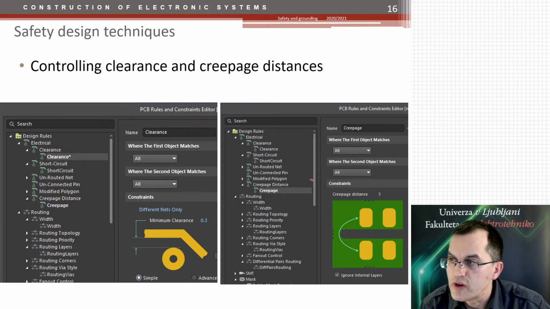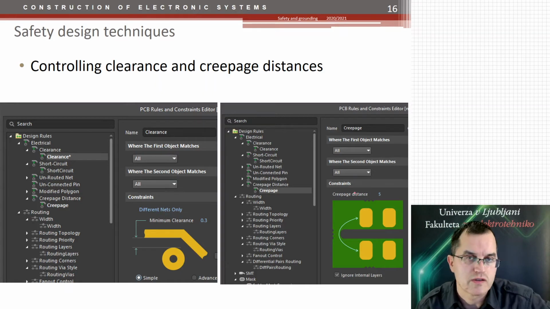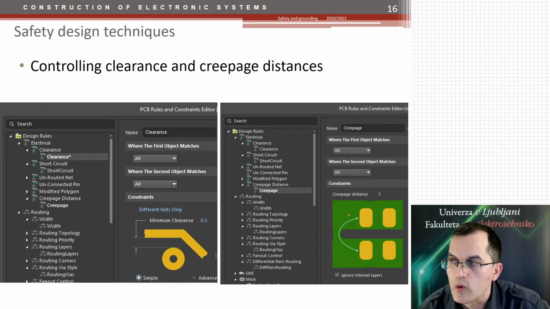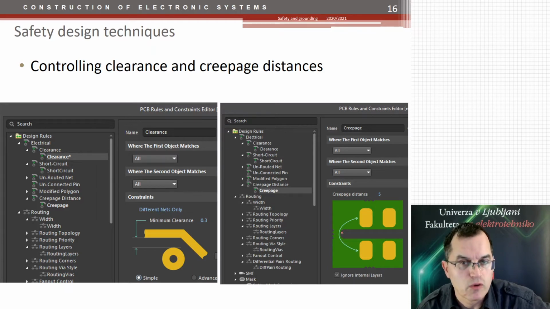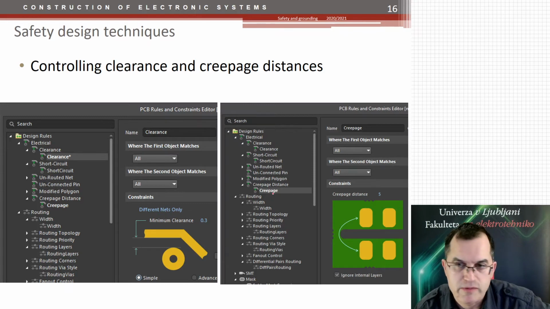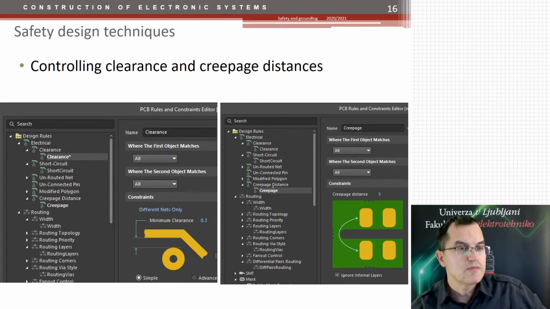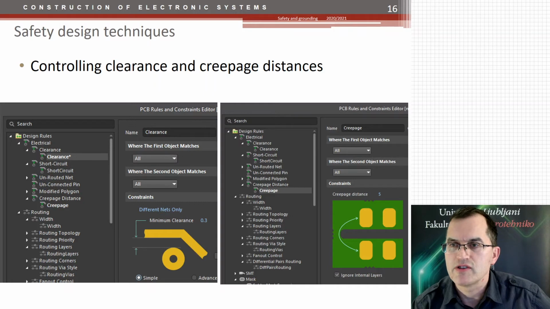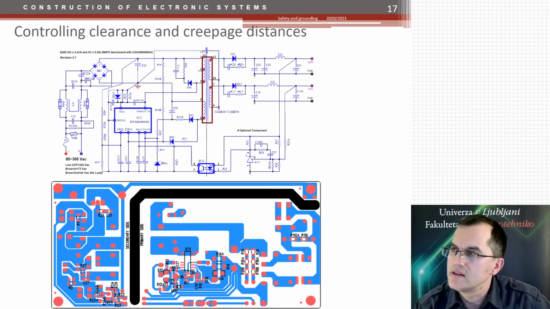And the creepage can also be defined in new versions of Altium now. So you have also the creepage, which can be calculated by Altium automatically, and you can define the design rule for creepage as well. So let me show you some examples of how the creepage and clearance distances are determined.